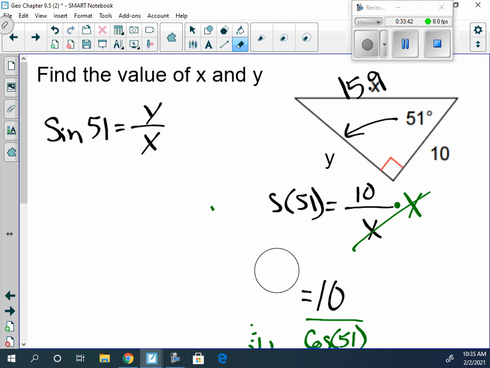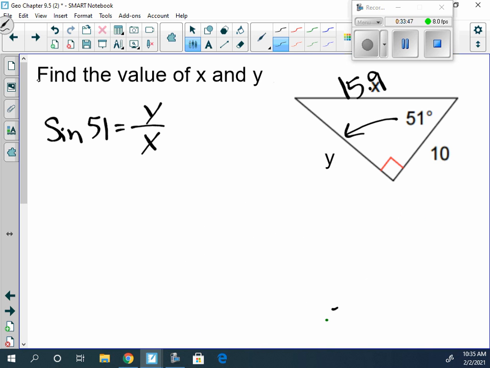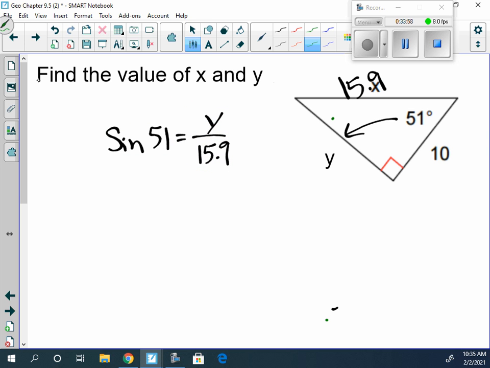And to get the value of y, well, we plug in the value of x. To get the value of y, we need to do what to both sides?